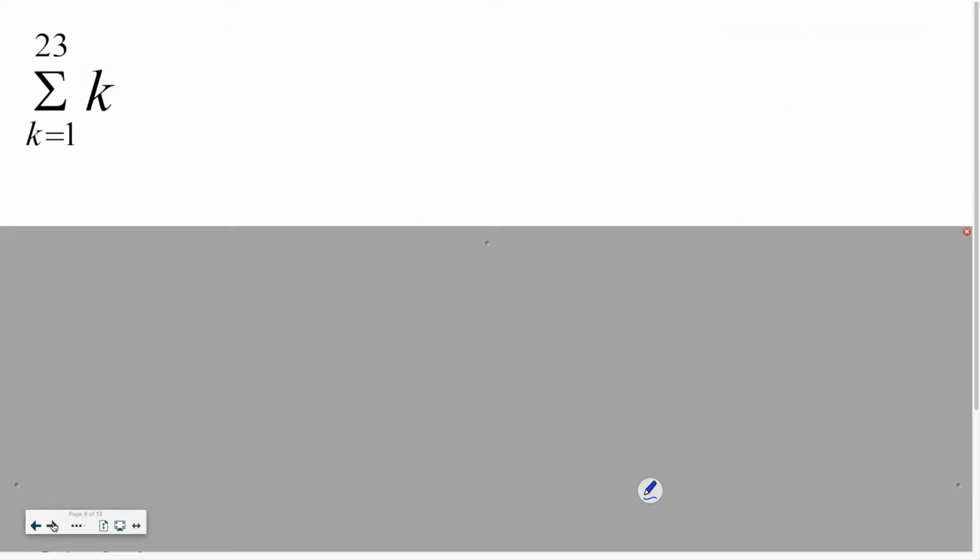So we'll go slow. The summation from k equals 1 to 23 of k. Well, our shortcut is n times n plus 1 over 2.